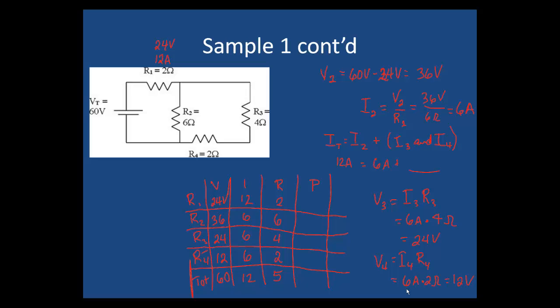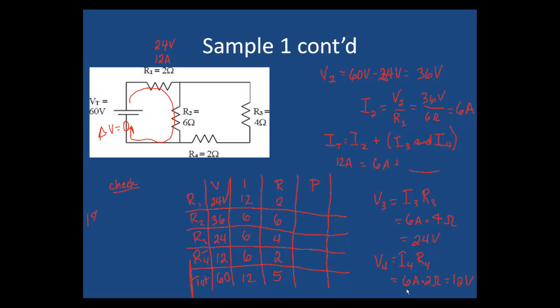Now let me show you a way to check these problems, and we're going to check these problems using Kirchhoff's loop rule. Kirchhoff's loop rule says everything around a closed loop, all of the voltage must be used up. So delta V has to equal 0. So if I have 60 volts coming out of the battery, in that particular loop I have to use up 60 volts.